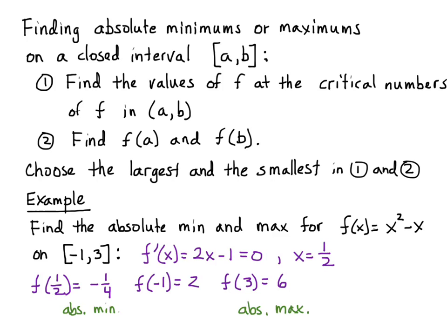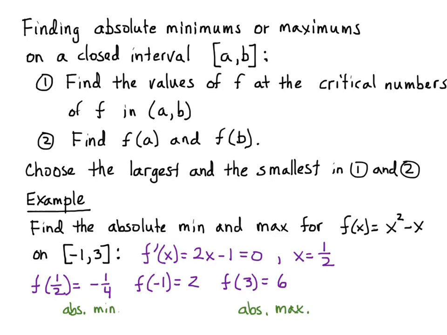So let's look back and remind ourselves, what is the question here? The question is, we want to find the absolute minimum and maximum for this function on this closed interval. It's a continuous function. It has endpoints, so the extreme value theorem applies and Fermat's theorem applies, right? So we know that the extreme value is going to happen at either of the ends, or it's going to happen where the derivative is 0.